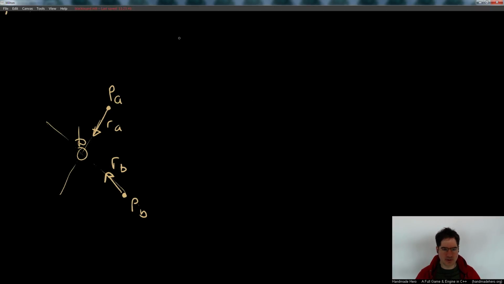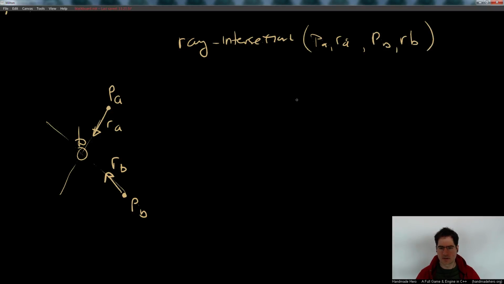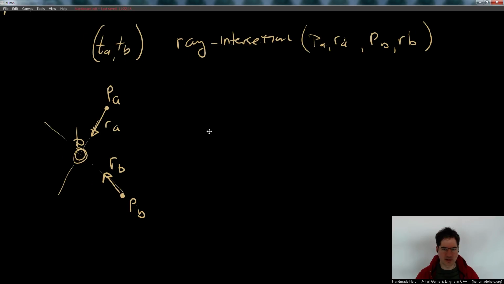And so what we're looking to do here is a ray intersection kind of thing. We would be taking a PA-RA and a PB-RB, and we want to output a pair of values, the t values. So we would want this to output TA and TB, let's say, which are those multiplier values.